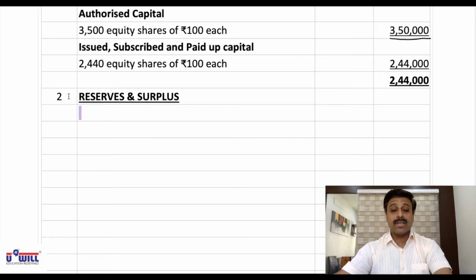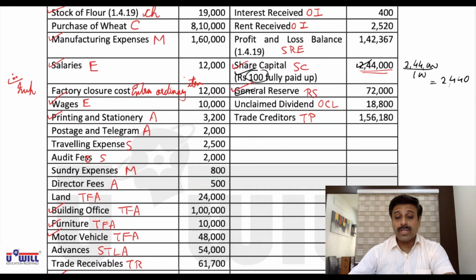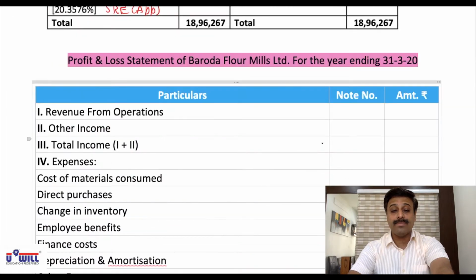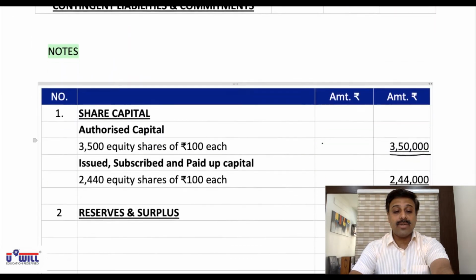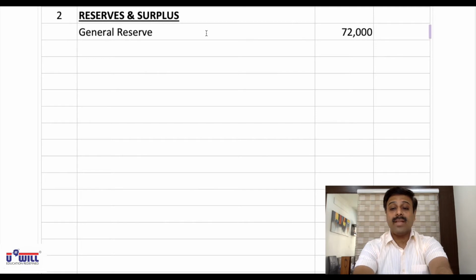So in reserves and surplus, RS marked item, what we have is only general reserve. Okay, general reserve 72,000, and there is an adjustment, so write it in inner column. General reserve 72,000 in inner column. In that we add, as per the adjustment, transfer to reserve during the year.